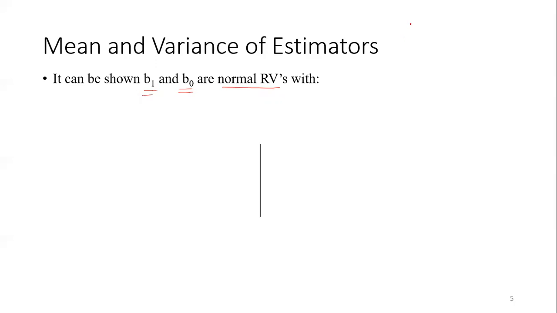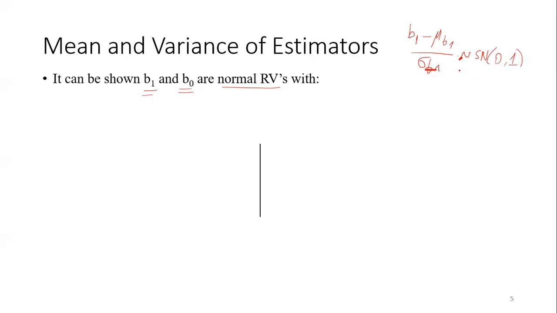Normal random variables mean that you can say (b1 minus mu of b1) divided by sigma of b1 is standard normal, with mean 0 and standard deviation 1.